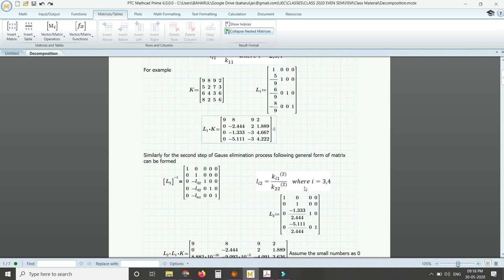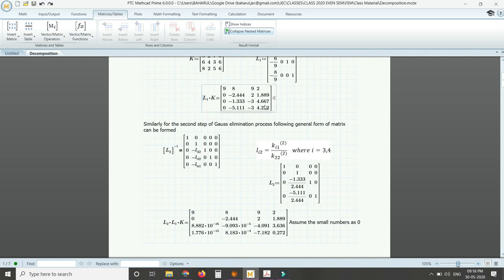For this problem, from the matrix we got in step 1, in step 2 this will be minus 1.333 divided by 2.444.